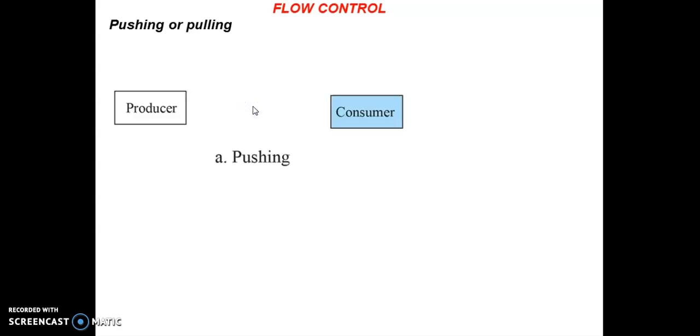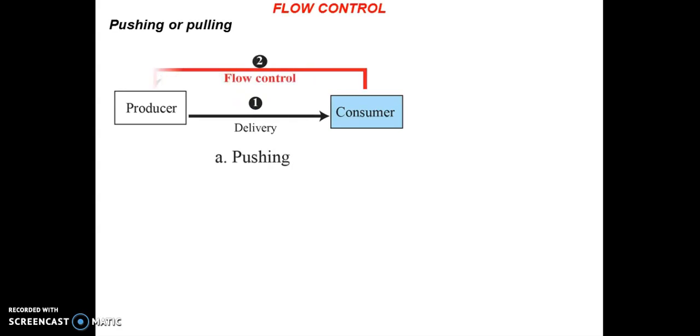Let's see the pictorial representation. In pushing, there are the producer and the consumer. The producer delivers the item to the consumer. So this is the flow control. Whenever the producer pushes the items, the consumer may be overwhelmed and there is need for flow control in the opposite direction to prevent discarding of the items.